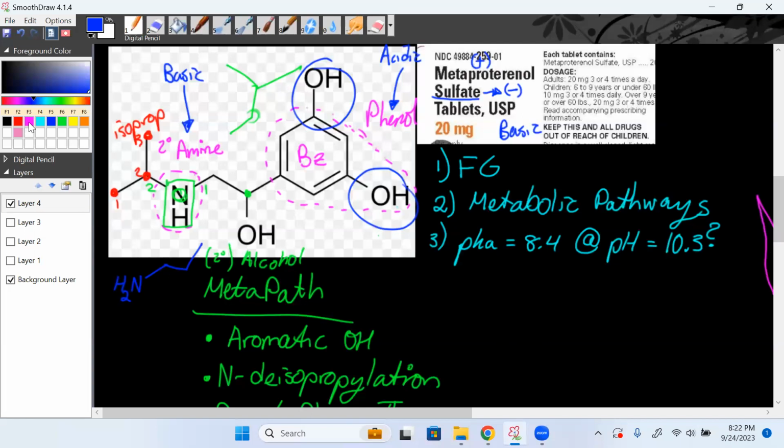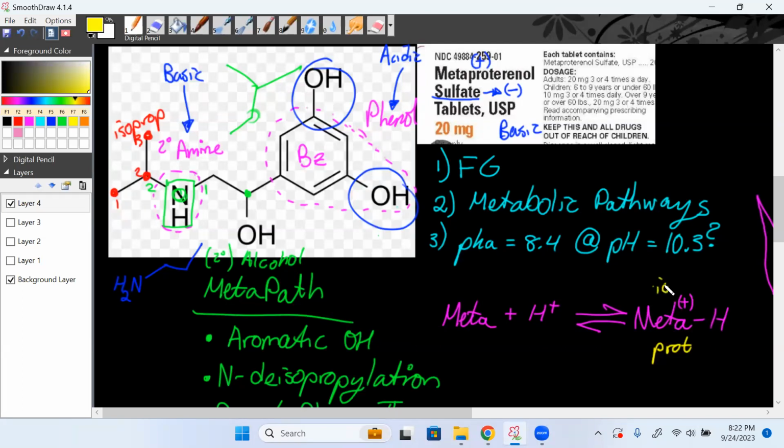So we would have meta plus H plus becomes meta H. Here we would have the protonated drug, which is also the, forgot my plus sign, which is also the ionized form of the drug.